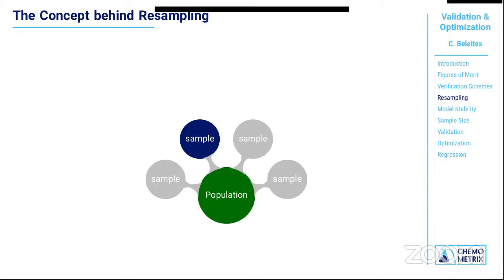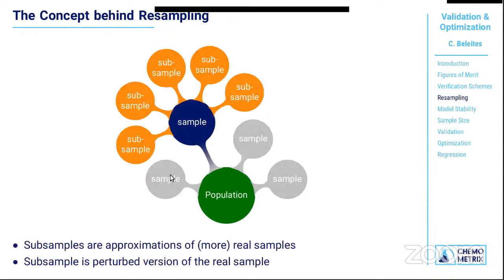So what we do is, instead of taking more samples that we can't afford, we simulate this process of sampling by so-called subsampling. That is, we draw new samples from our blue sample. And we claim that these subsamples are approximations of real samples that we cannot afford to get.